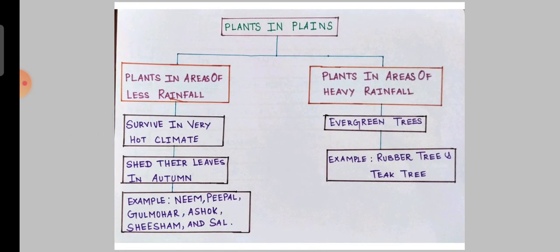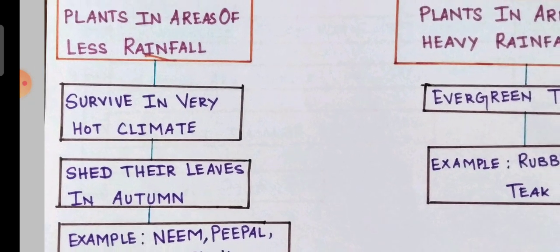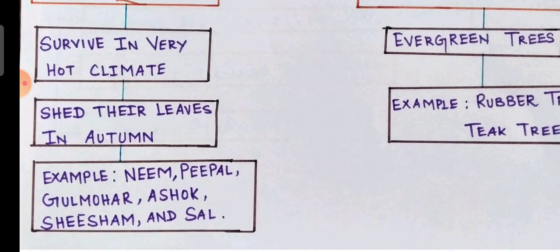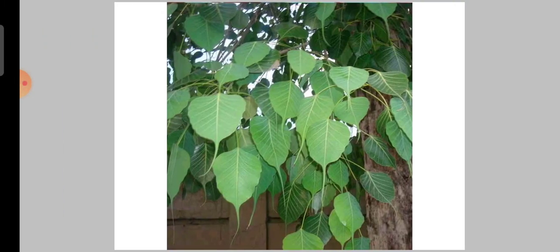So, they can survive in very hot climate, which is plants in areas of less rainfall. They shed their leaves in autumn. Examples: neem, peepal, gulmohar, ashok, sesam and sal. This is an image of a peepal tree.